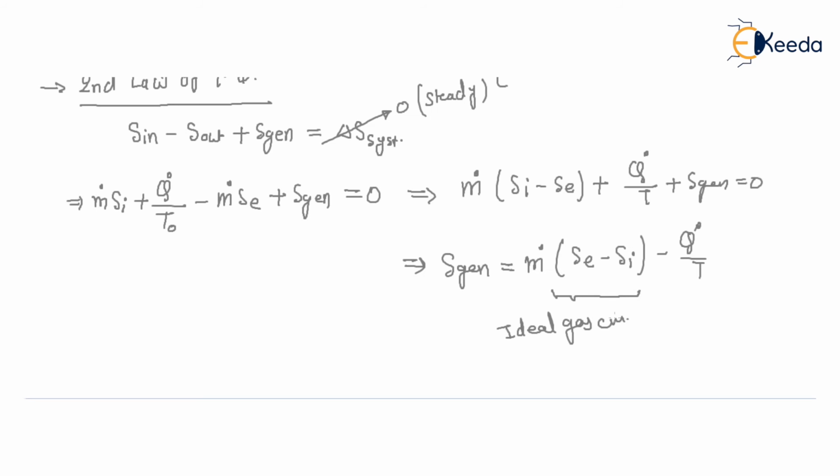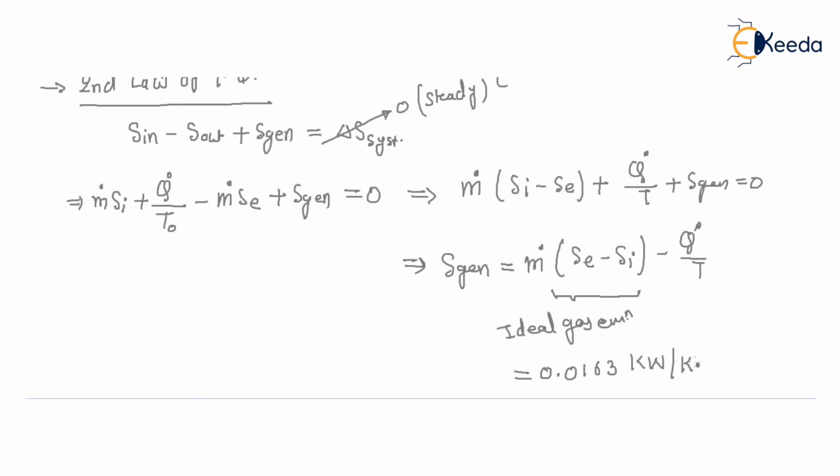So this is your S generation, and it is equal to 0.0163 kilowatt per Kelvin.